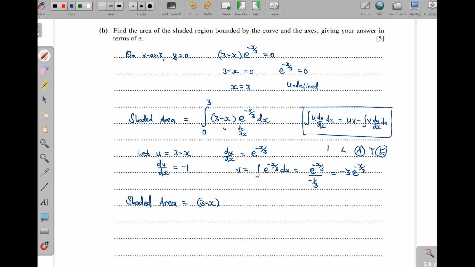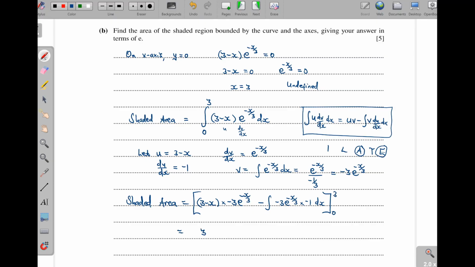So we shall have times negative 3, then e to the power of negative x over 3. You see that? Then minus the integral of v, which is negative 3 e to the power of negative x over 3, then times du dx. You see this du dx? We are getting a negative 1 here. Then dx. I can actually put these limits here, 3 and 0.